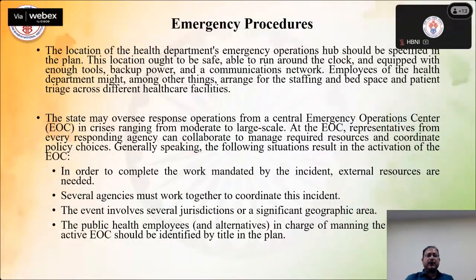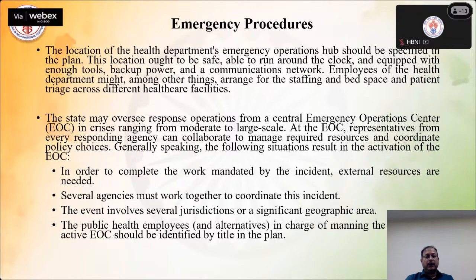In case of emergency procedures, the location of the health department emergency operation hub should be specified in the plan. Their location ought to be safe and able to run around the clock. Again, it is a big task, because in case of disasters, the capacity of that particular health emergency section should be operable right round the clock and equipped with enough tools, backup power and a communication network, because they are the ones who are going to bring the victims back to normal.